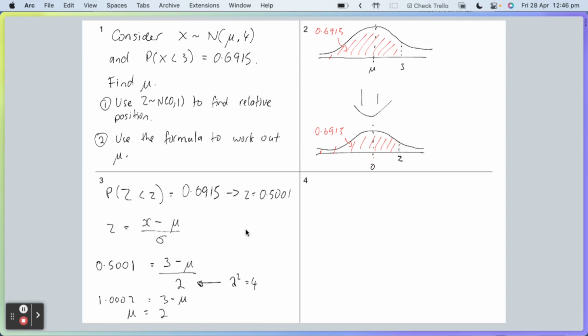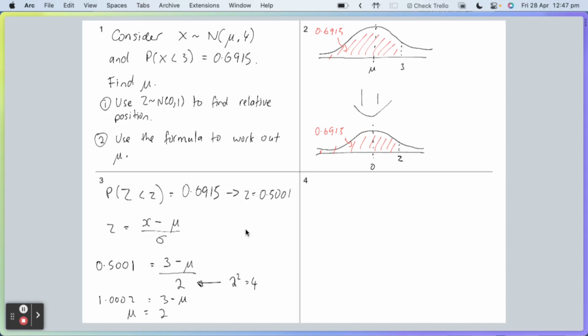So 1, 2, 3 units, etc. So by considering the same area under the curve, so 0.6915 under this one and 0.6915 under this one, I will find the Z value, which is relatively the distance away from 0, however many standard deviations away from 0. That's what that diagram means. It's a transformation of this one here.